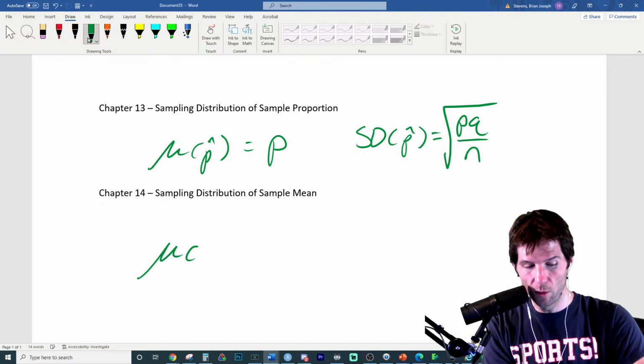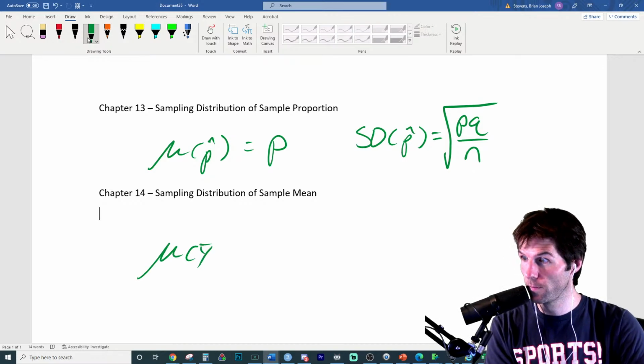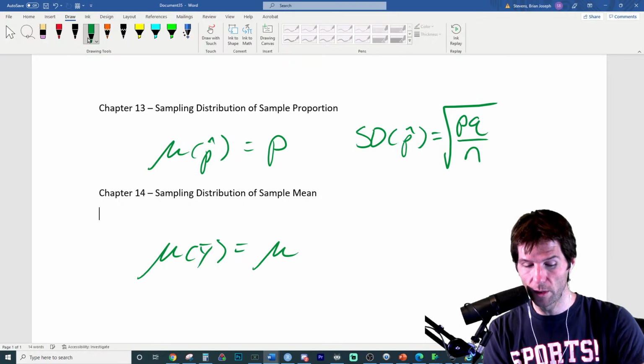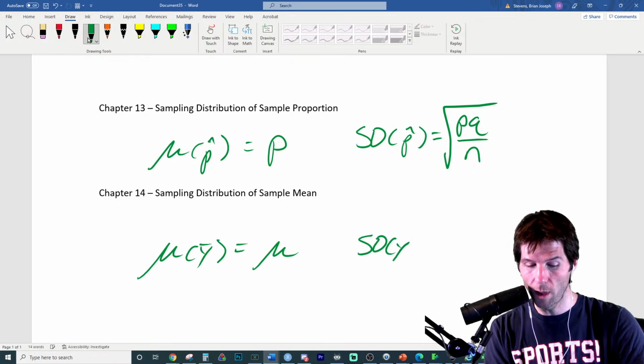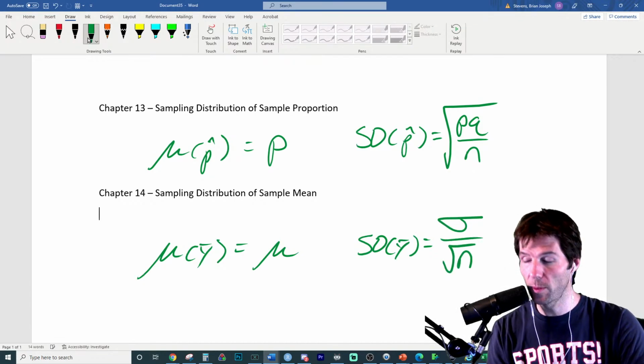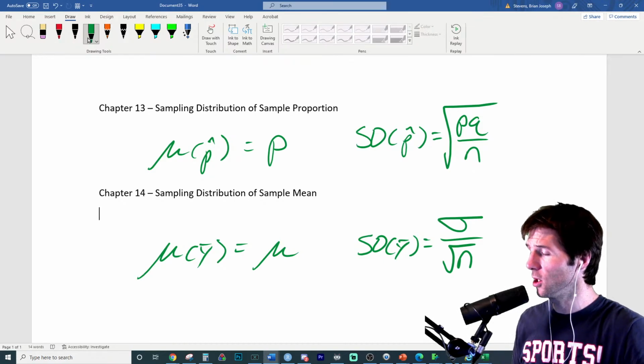This is mu y bar equals mu, and the other one is SD y bar equals sigma over the square root of n. I've had people tell me for these problems, wait, what is P and Q?